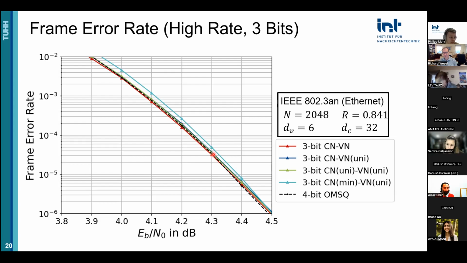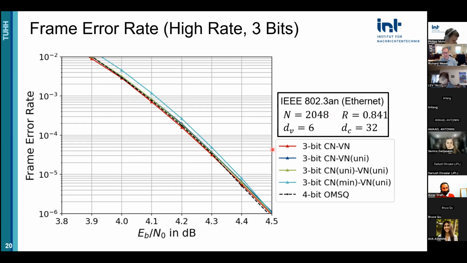Also, Phillip, you have shown here block sizes of 8,000 and 2,048. Do you have shorter block sizes to see what's the effect of quantization on that? I have it not available yet, but this could be something we should take an eye on in the future.